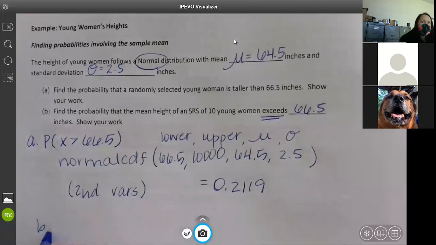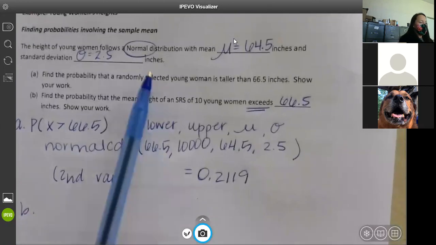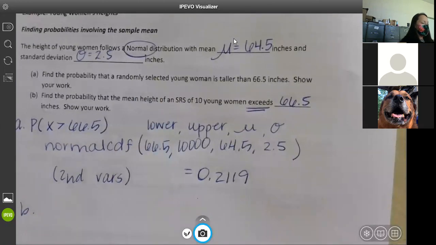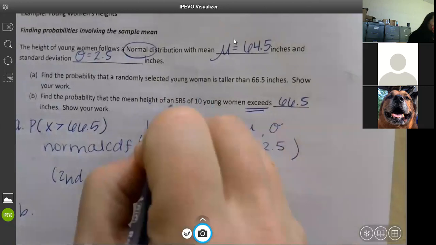All right, look at part B. Find the probability that the mean height of an SRS of 10 young women exceeds 66.5. So now what are we doing compared to what we were doing? What's this compared to this? We have a limit on the number.